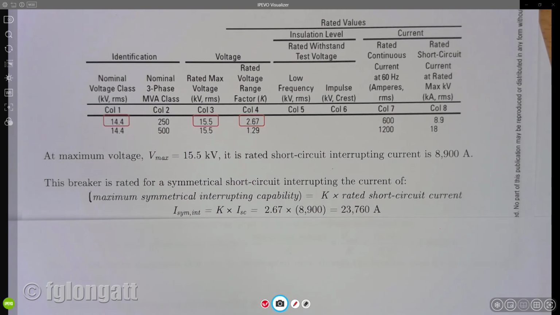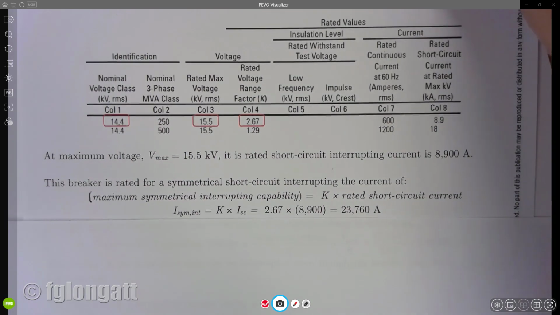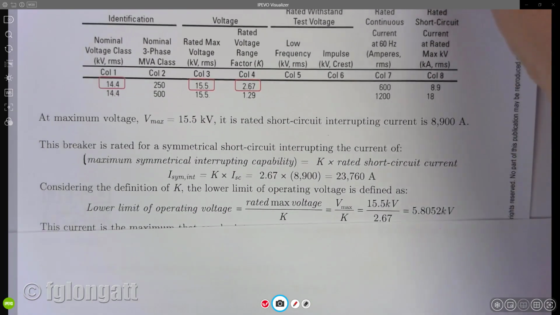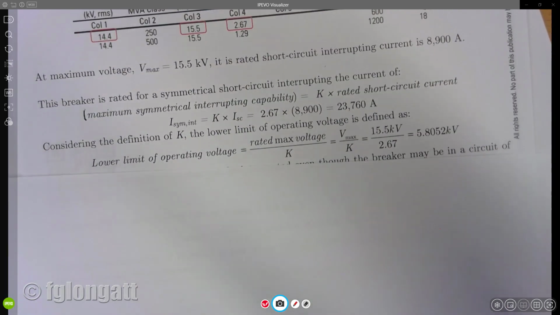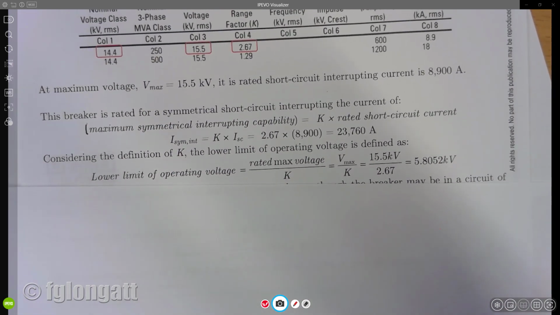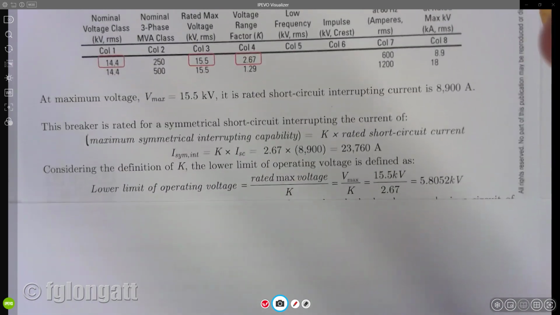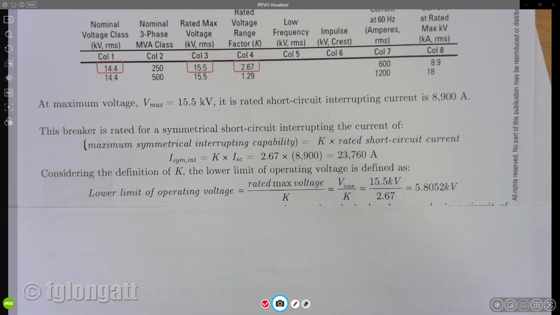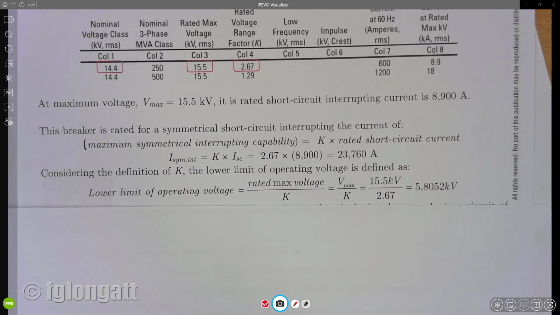Now what we want to see is, we know the K factor. The K factor is the voltage range factor, and it allows me to calculate the lower limit, the lower operating voltage for this circuit breaker.